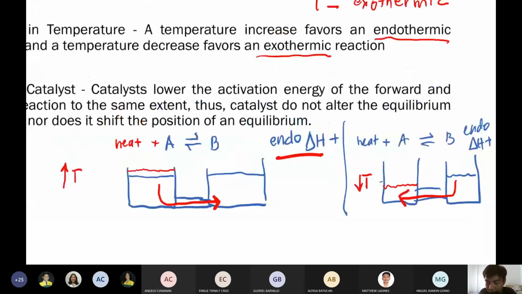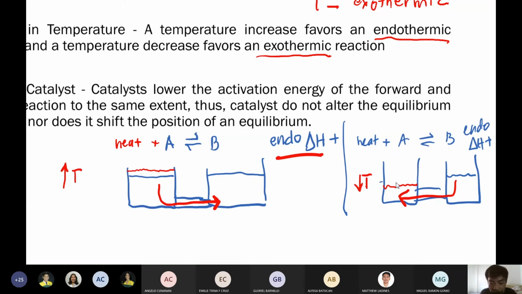So, this is our logic for an endothermic reaction. In an endothermic reaction, imagine your heat as the reactant. Increasing the temperature means increased heat. Okay? So, if you increase the temperature, you increase the heat, then it will push the reaction to the right. When you lower the heat, you lower the temperature, it will decrease the heat. So, that means the reactant is less.